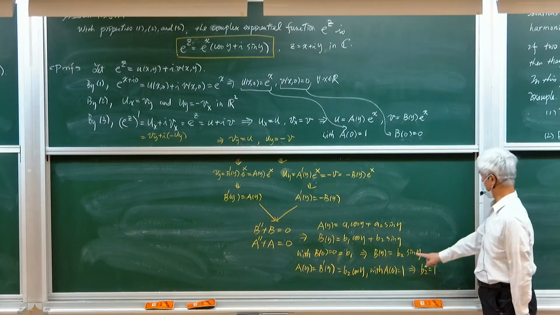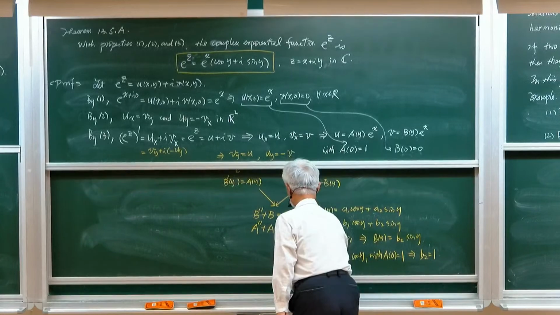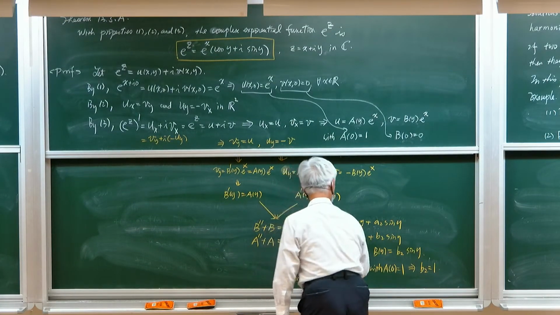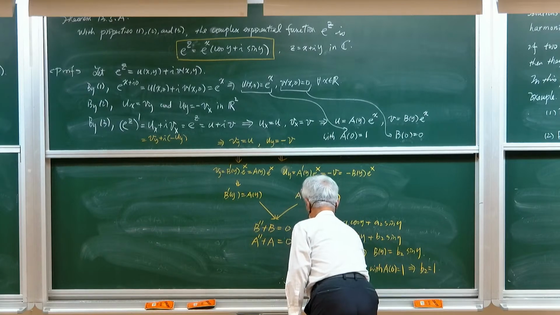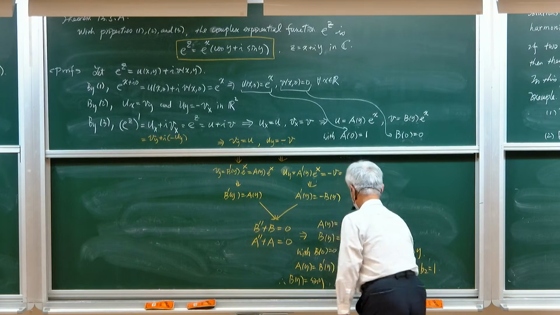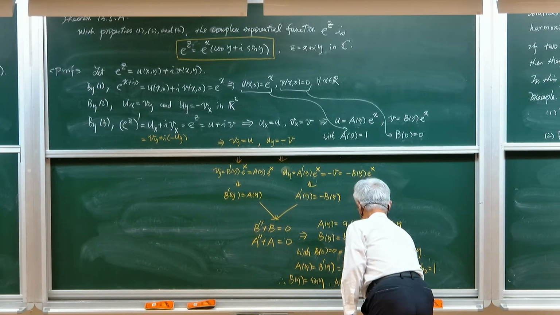So finally, B(y) is equal to sine y, and A(y), which is B prime(y), becomes cosine y.